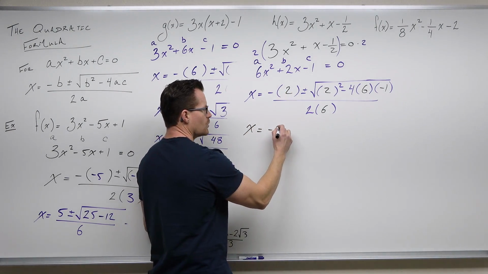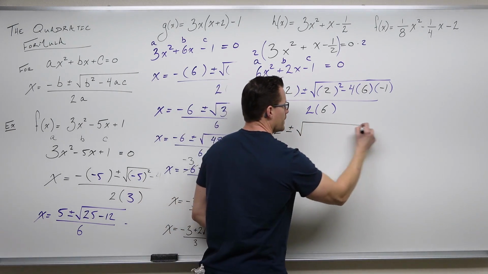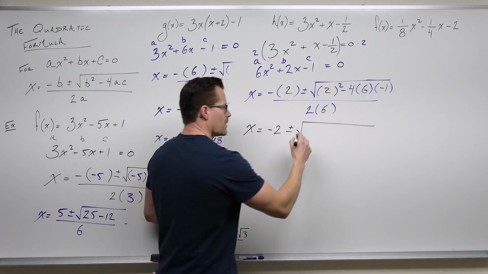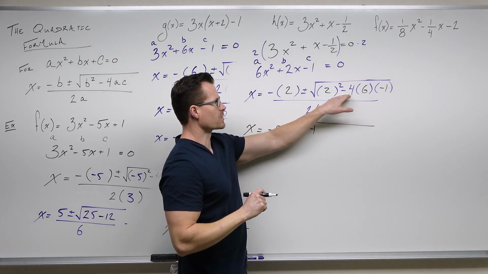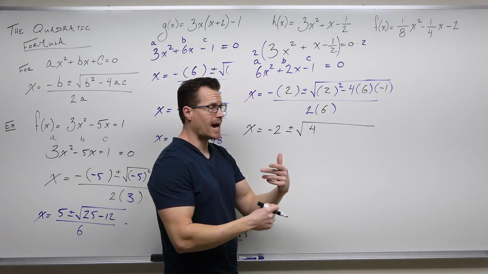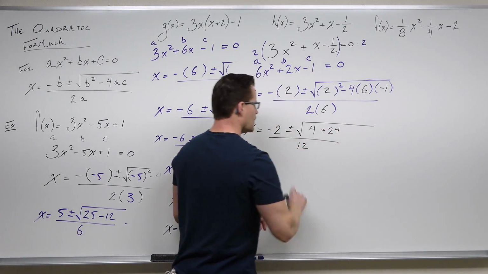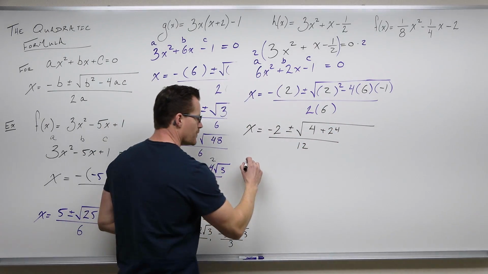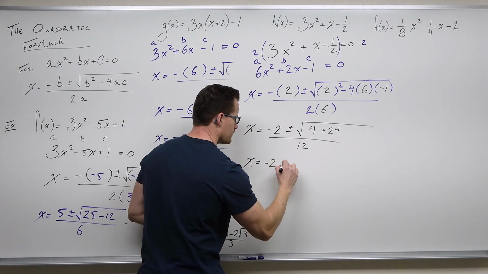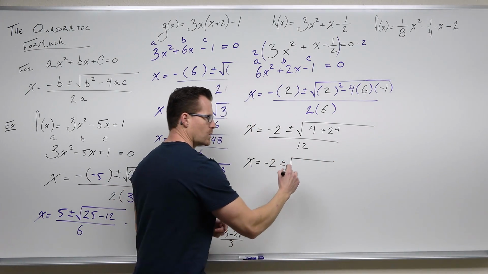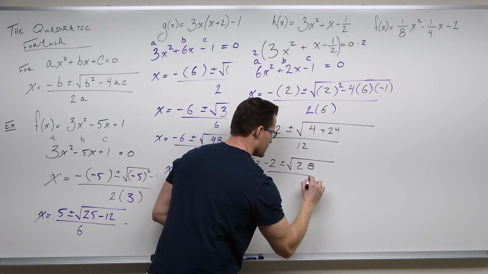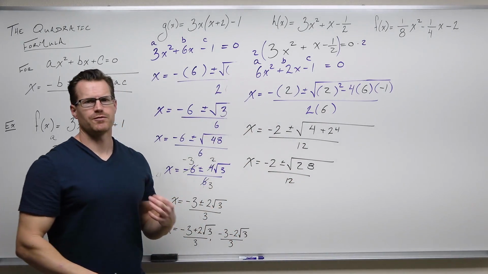So negative 2, no problem. Plus or minus, we got it. 2 squared is 4. We already determined this, but we're going to be subtracting a negative. That's going to be adding 24, all over 12. We keep on simplifying. That's 28. We're going to have to simplify the square root of 28.